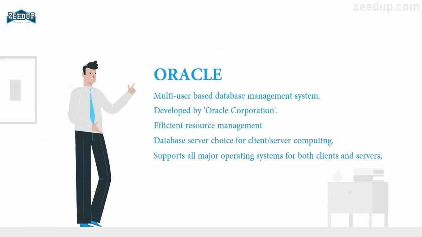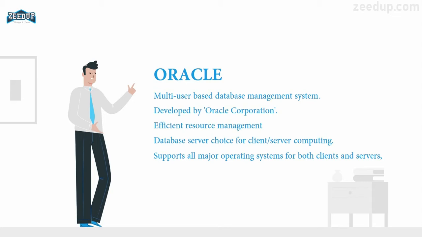The third database tool that we have is known as Oracle. It is a multi-user based database management system, which means multiple users can work on Oracle at once. It provides us different facilities as well. It was developed by Oracle Corporation.